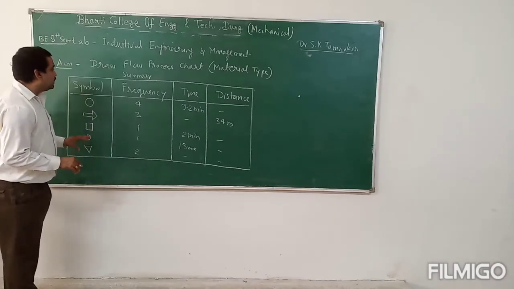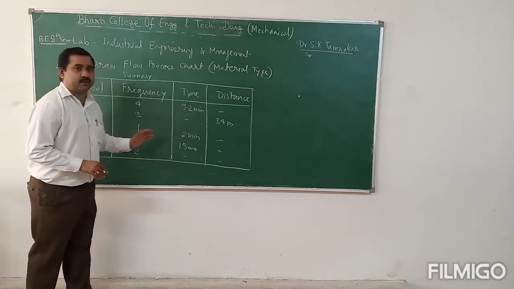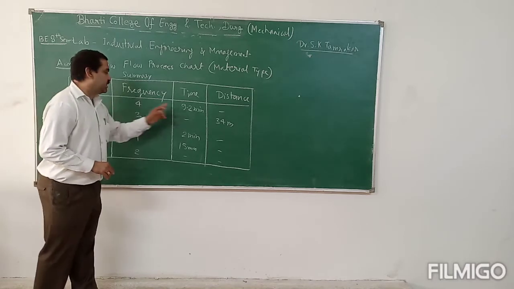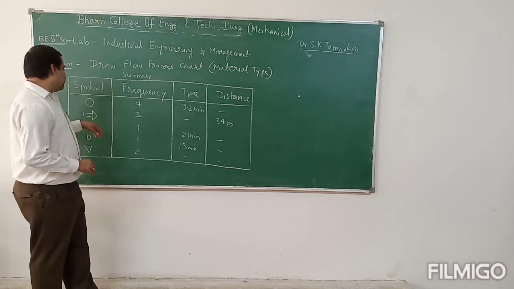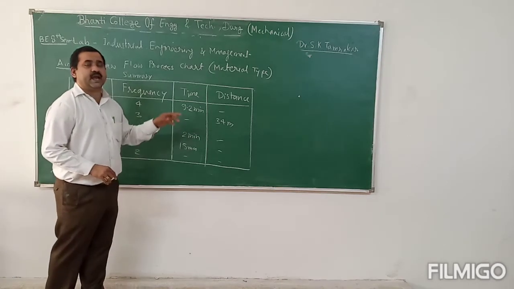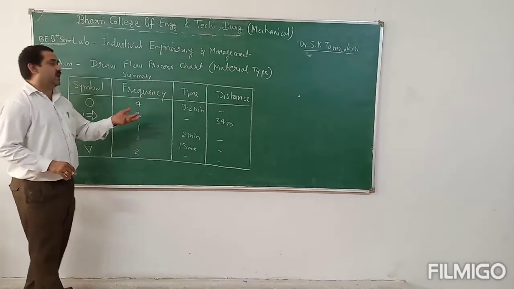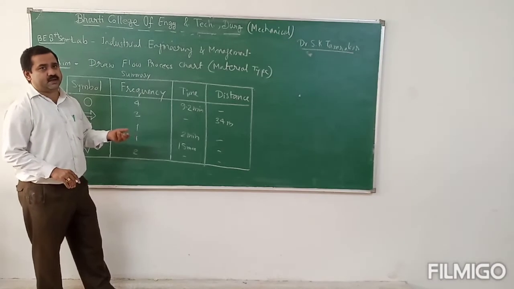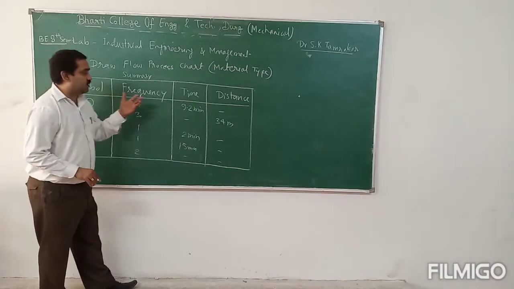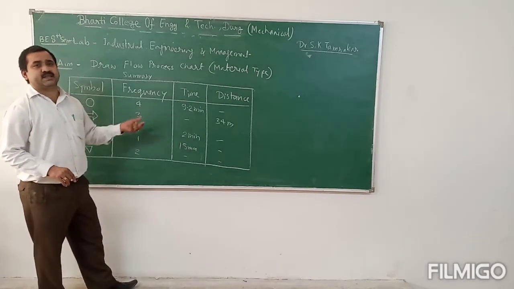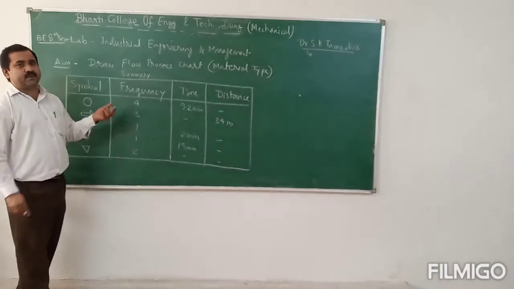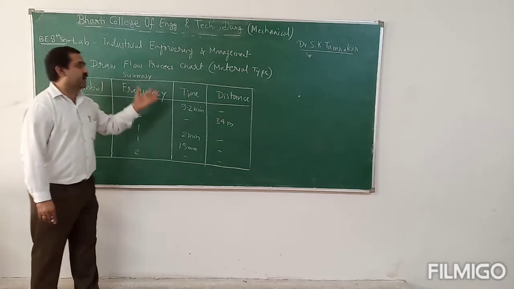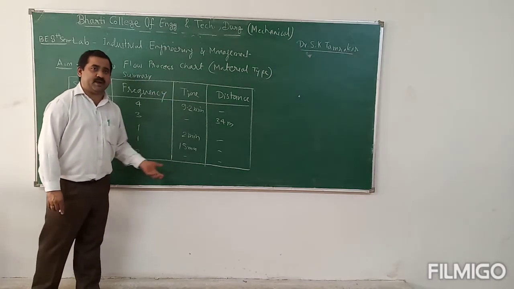So all this is summarized at the bottom, so anyone can check what machining time or operation time is used here, what inspection time is used, and how much distance that part has covered during operation. On the basis of all this, some suggestions can be made for the improvement of the processes, and for this the flow process chart of material type is prepared.